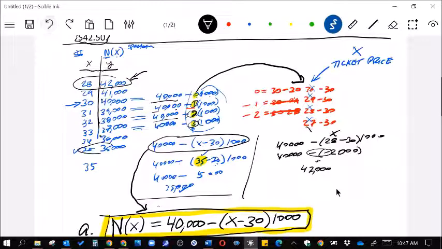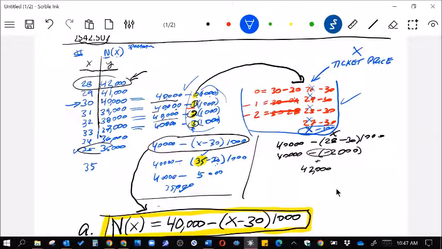I need to write down, in a different color there, x minus 30. So all of this was to analyze how to make sense of it so I could end up putting a ticket price in there.